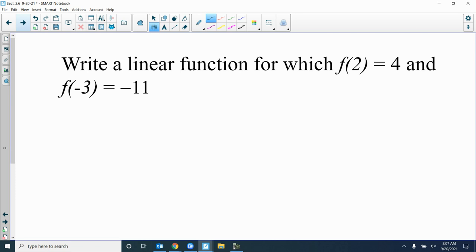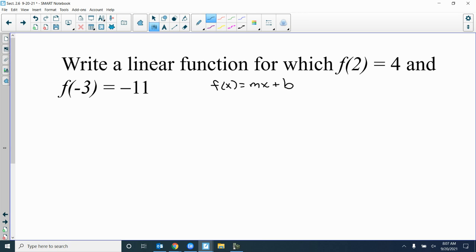All right, now, it says write a linear function for which f of 2 equals 4 and f of negative 3 equals negative 11. Linear function, we said, is going to be that form. f of x equals mx plus b. This is no different than finding an equation given 2 points.